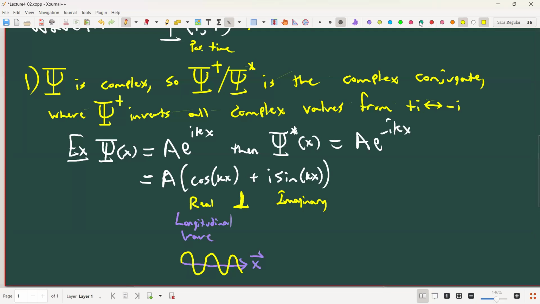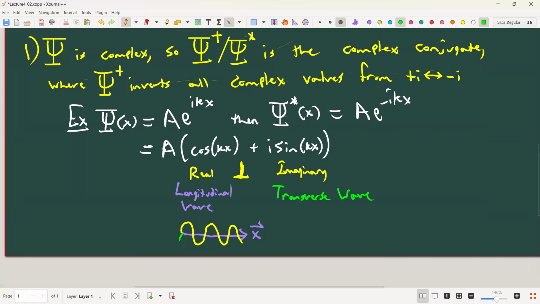So this is what we call a transverse wave. And I'll draw it in green. The idea is that the transverse wave propagates, has a phase in the perpendicular direction.